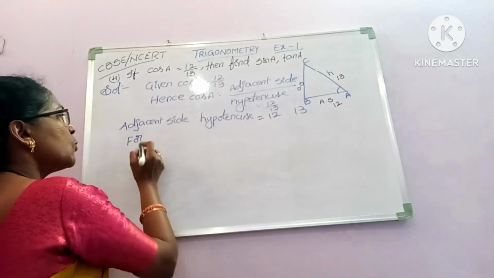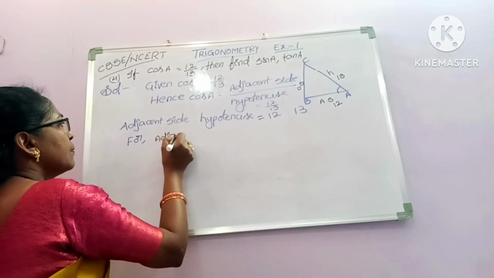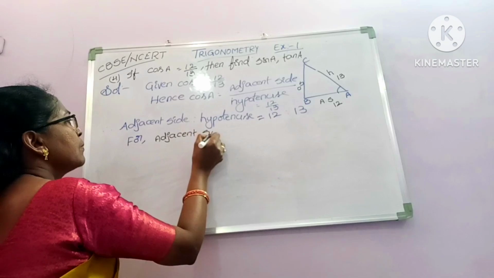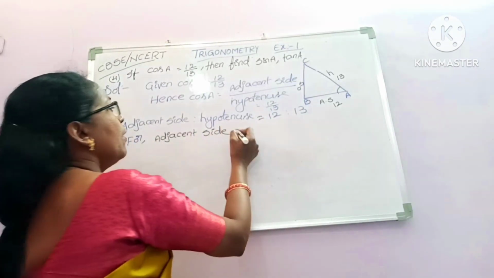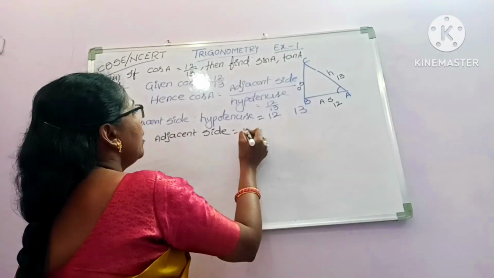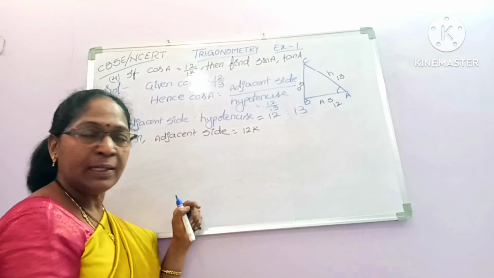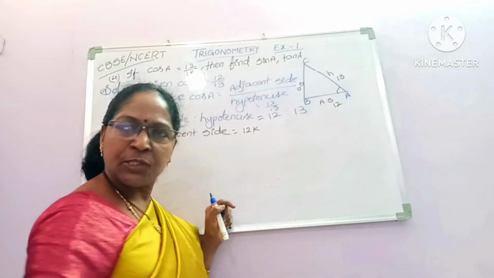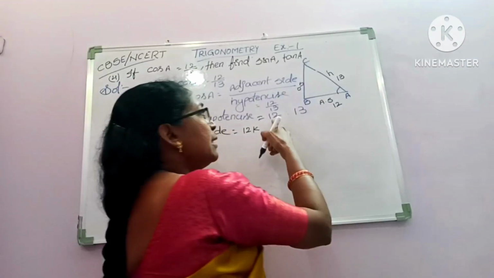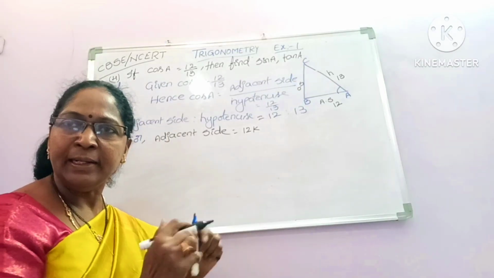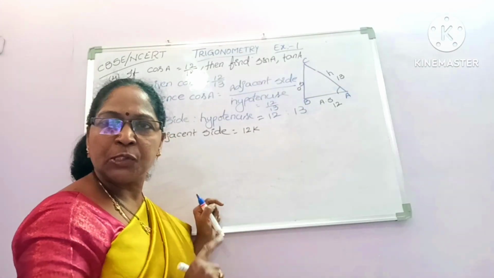So the side value is what you have to take. For the adjacent side, this ratio value is given. Then you have to take 12k. Why you have to take it: whenever a ratio is given like this, that is nothing but a simplified value. Simplified means these values are multiplied by one constant value, which is also a positive number.